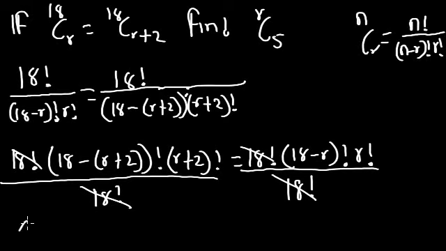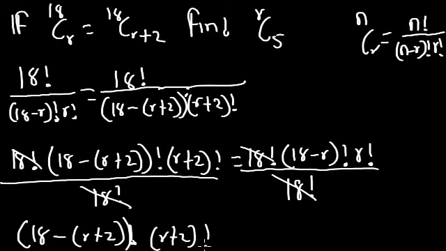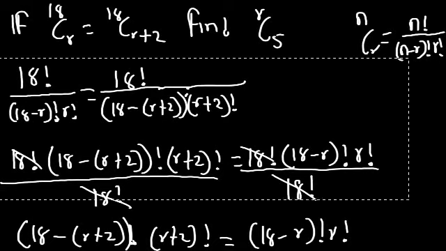What is left over is 18 minus r plus 2 factorial, and then r plus 2 factorial, equal to 18 minus r factorial, r factorial. So now, can we simplify further? Yes, we can. Let's continue.